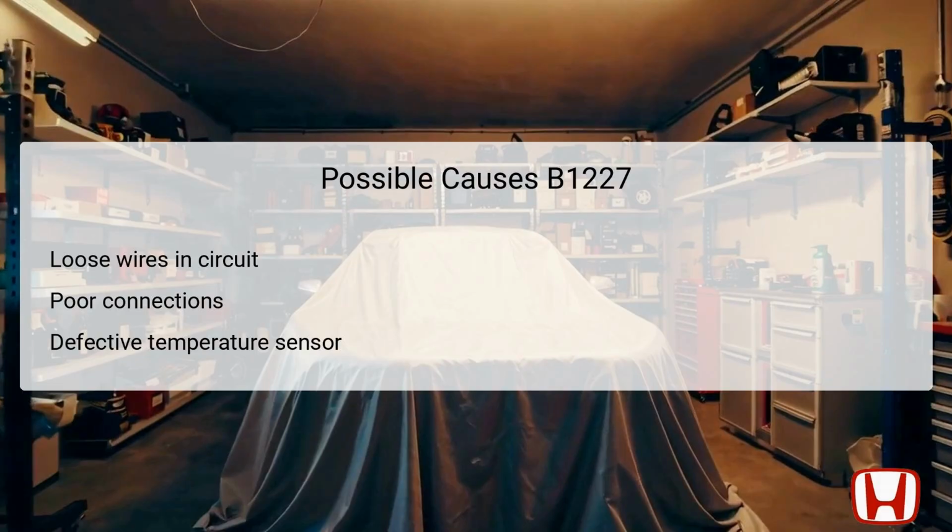A defective outside air temperature sensor may simply fail to provide accurate readings or any signal at all, leading the vehicle to interpret this as an open circuit. Continually addressing these components during troubleshooting can ensure effective repairs and prevent recurrences of the DTC B1227.